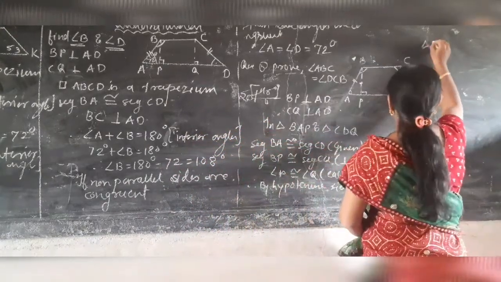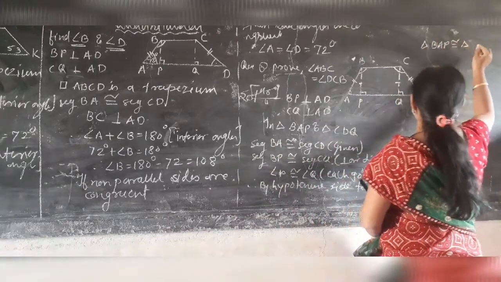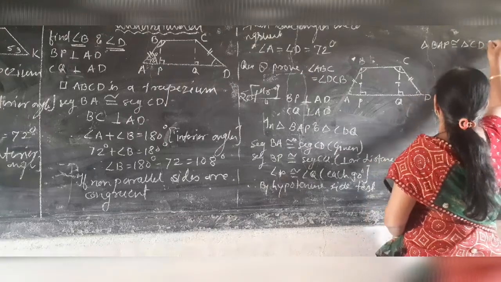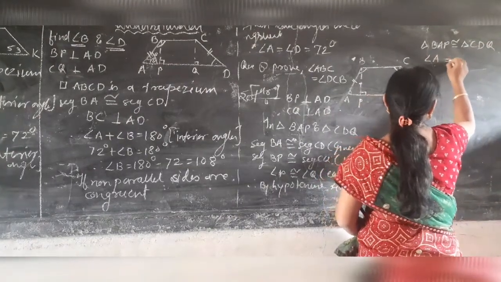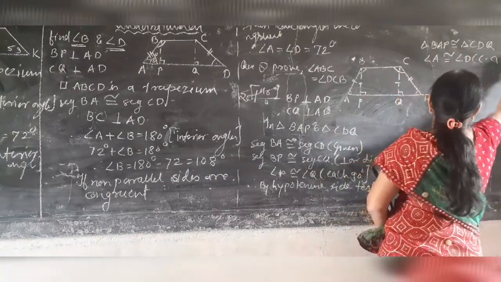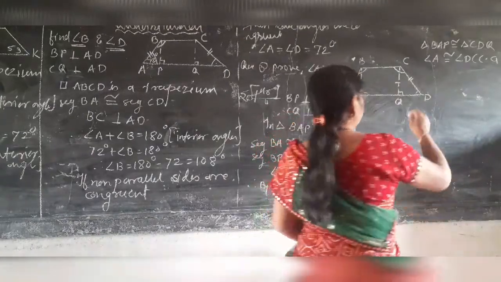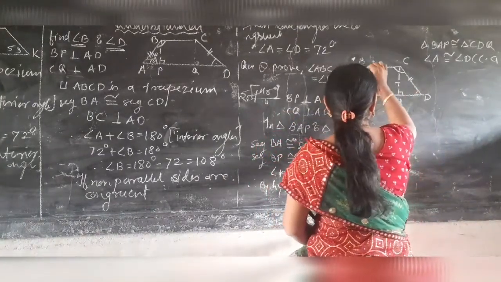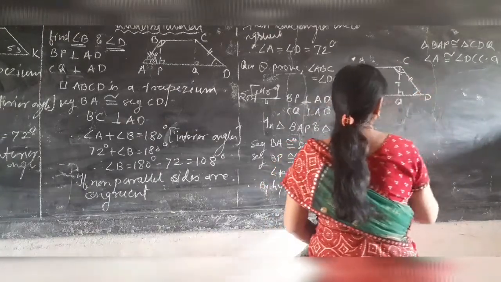Which triangles? Triangle BAP is congruent to triangle CDQ. If triangles are congruent, then angles are also congruent. Angle A is congruent to angle D, by which property? CPCT. Now see here you have to take these two angles. These are interior angles. These are also interior angles.